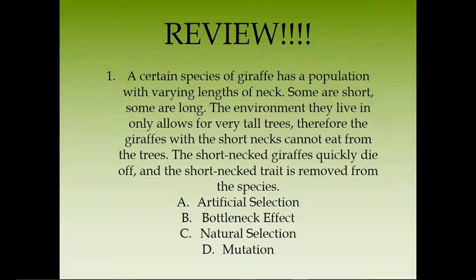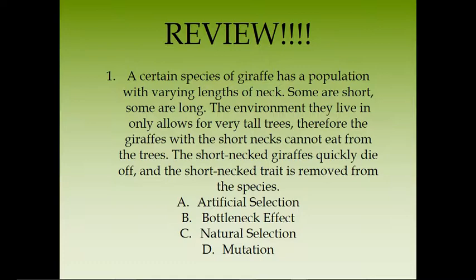A certain species of giraffe has a population with varying lengths of neck. Some are short, some are long. The environment they live in only allows for very tall trees, therefore the giraffes with the short necks cannot eat from the trees. The short-necked giraffes quickly die off, and the short-neck trait is removed from the species. So what is this describing?